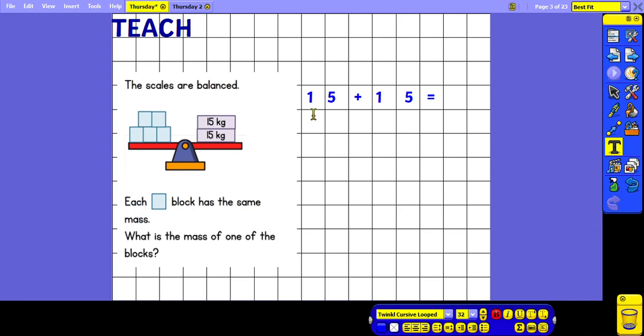So I've got a 10 here and a 10 there. I know that 10 add 10 is 20. And I've got 5 add 5, which is 10. 20 add 10 is 30.